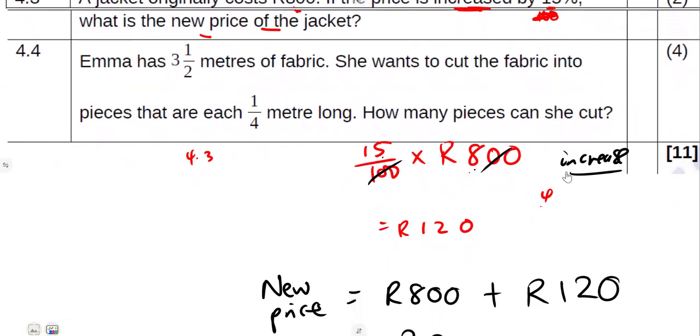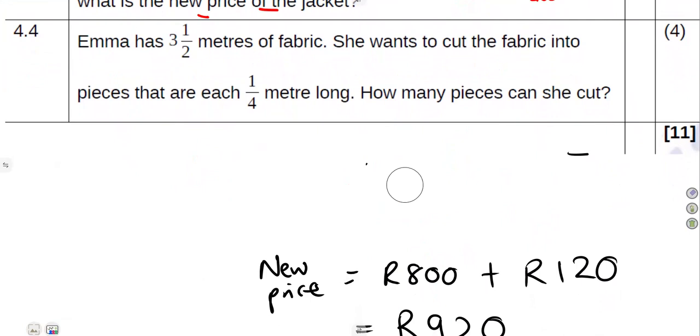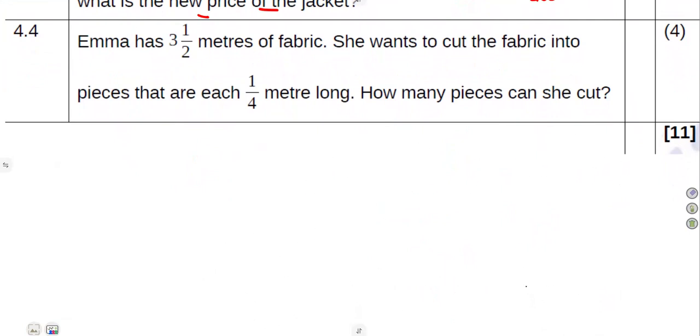All right, 4.4, we are given that Miss Ntsiki has 3.5 meters of fabric. She wants to cut the fabric into pieces that are each 1/4 meter long. Each is what? 1/4. How many pieces can she cut?